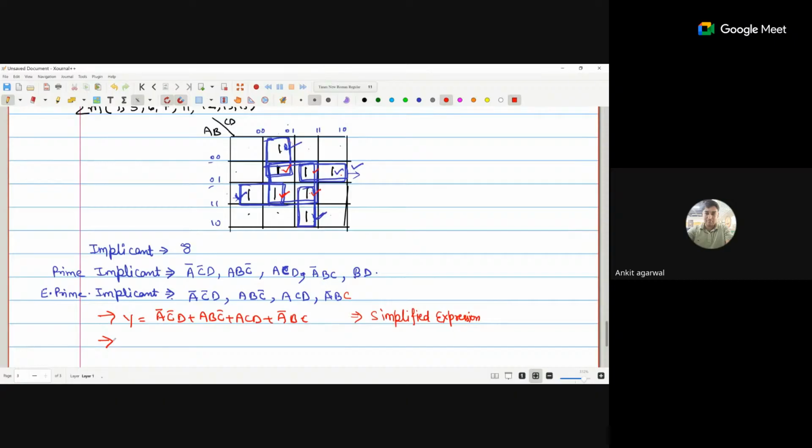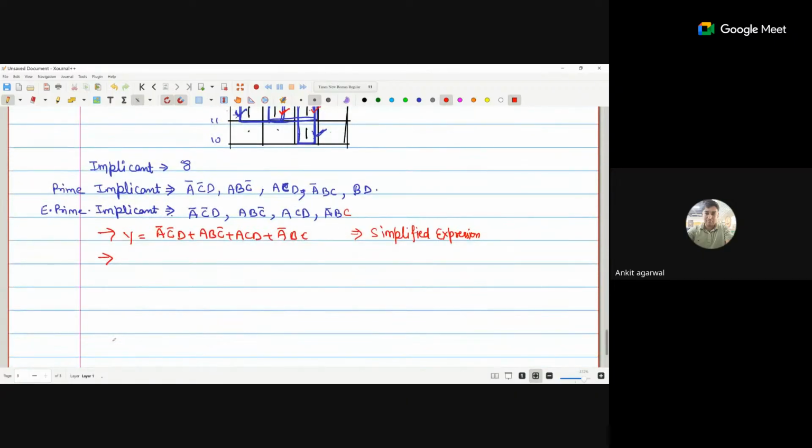Now, I already told you that there are some particular problem hazard conditions. So there is a static hazard 0 or hazard 1. In this scenario, what we do is include this term to overcome this static hazard.